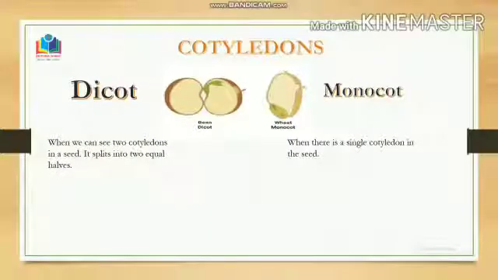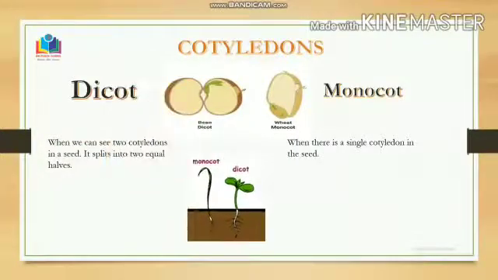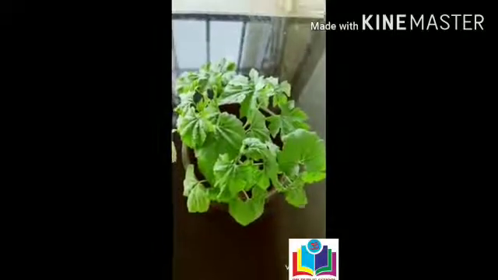Cotyledons are known to provide energy and nutrition to the growing plant till the plant is capable of preparing its own food or doing photosynthesis on its own. Now let's have a look at the cotyledons being shown over here. In this pot we have a bunch of bitter gourd plants.